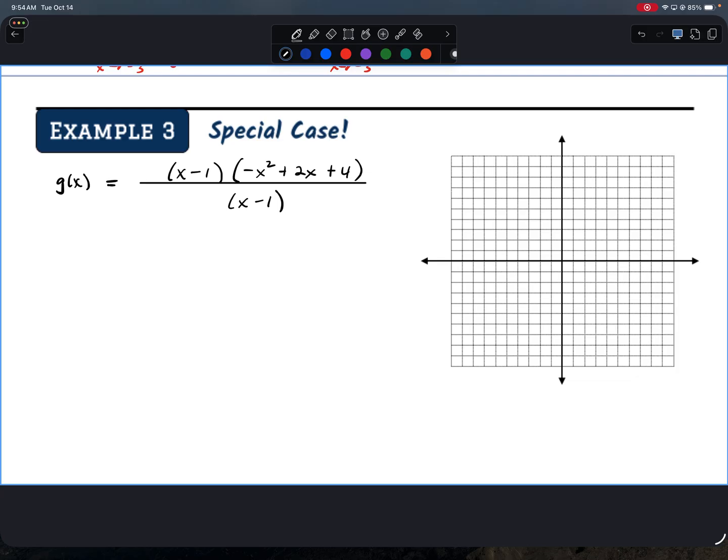All right. So not a trick question. Do you guys know something? There's a hole where? X equals 1. Good. So these are same power or different powers? Same power, right? So that means there's going to be a hole.